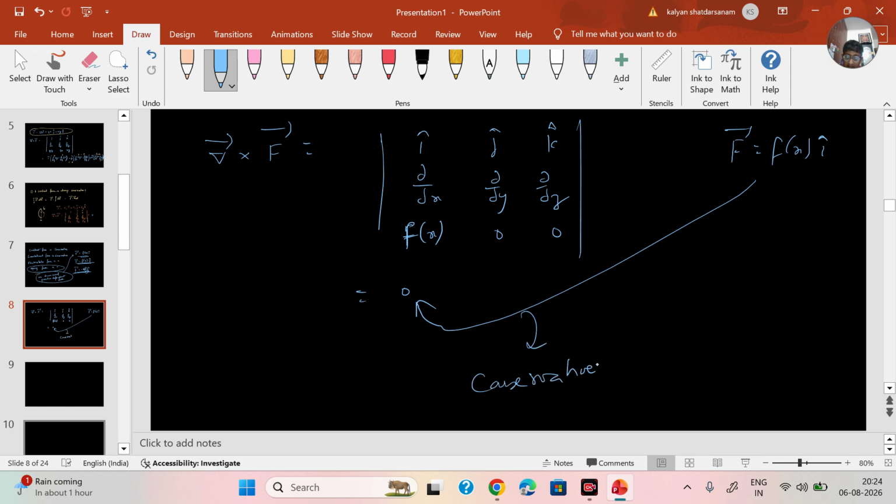Spring force comes under this case only. The spring exerts force along its length, either in expansion or compression, and that force depends on the x coordinate, F equal to kx in magnitude. So spring force is conservative.